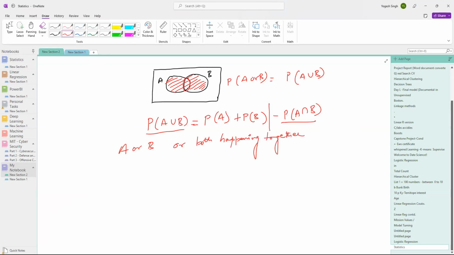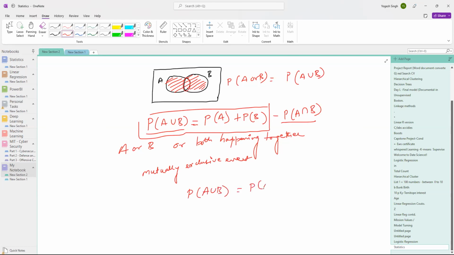So जब both happening together है तो आपका सिर्फ इतना तक रहेगा, which is P(A) plus P(B). So in case of a mutually exclusive event, if I go ahead and do P(A union B), it is straight away P(A) plus P(B).